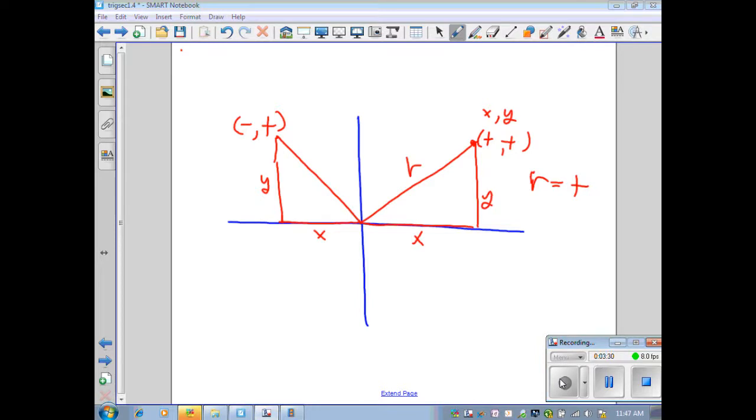Continuing in the problem, I can put an angle in quadrant 3. In this situation, I can form a triangle that has an x value and a y value, and an associated point on the terminal side with an x value that is still negative, and a y value now, since I'm in quadrant 3, is also negative.